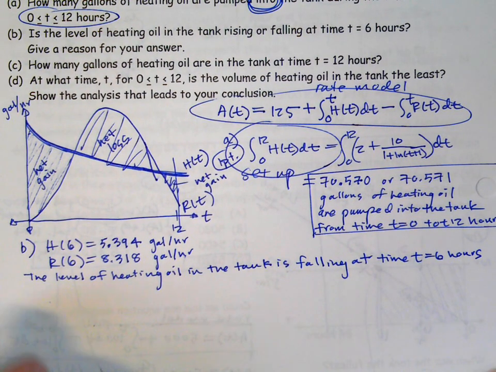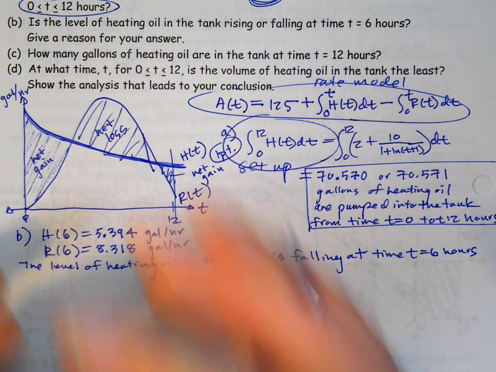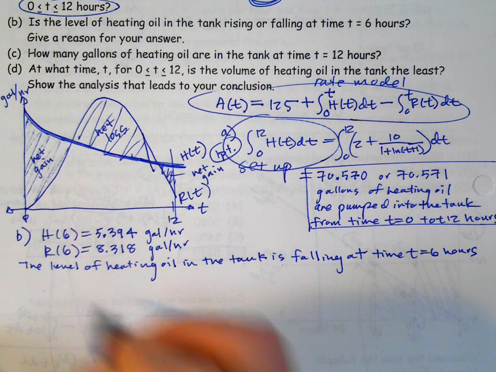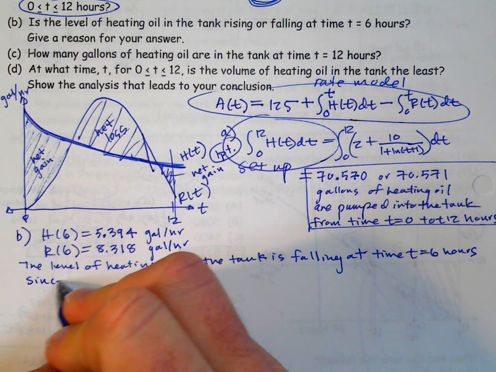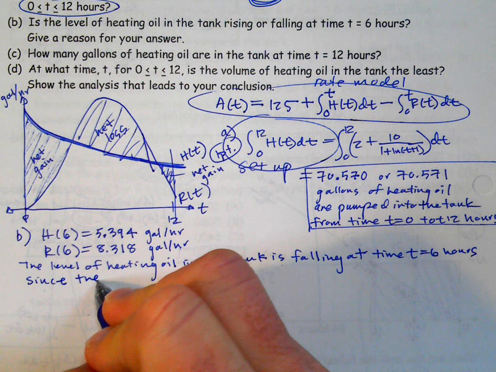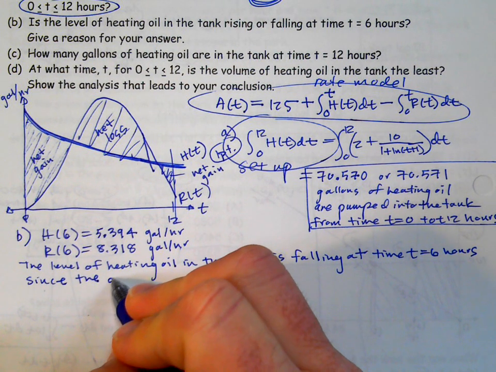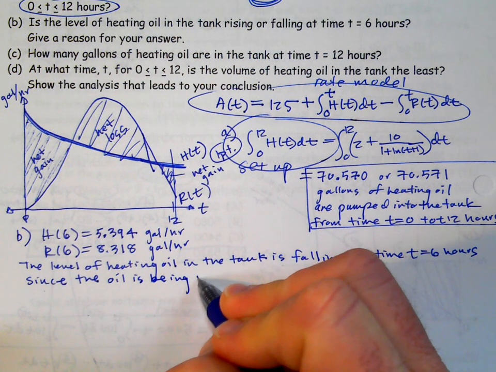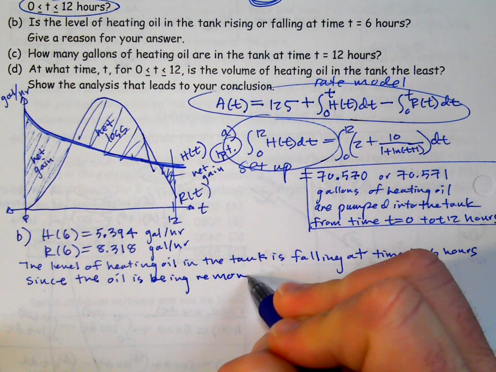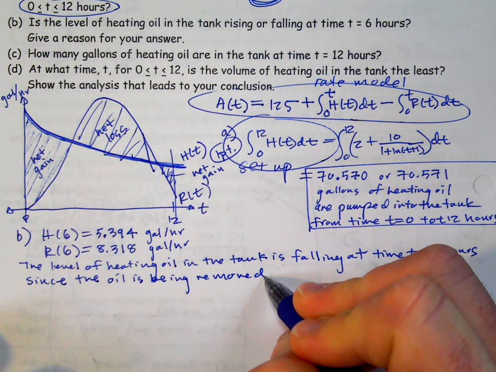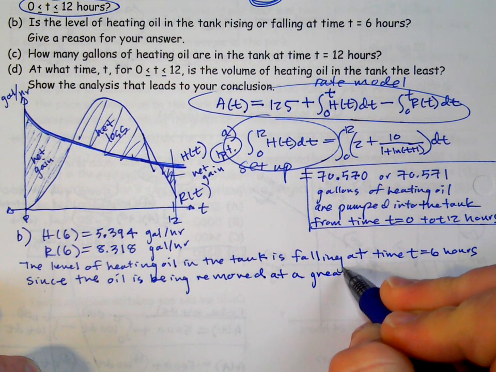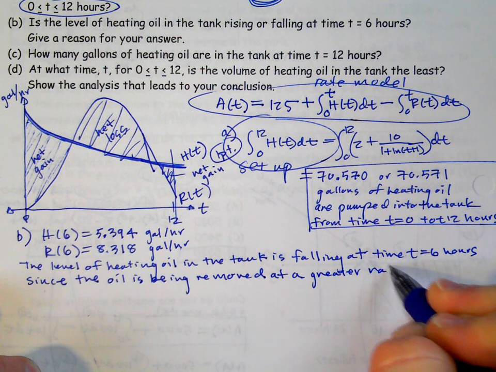You have some numbers in your work that kind of help, but I want you to explain how you made your decision based off those numbers. And so you could say, since the oil is being removed at a greater rate.